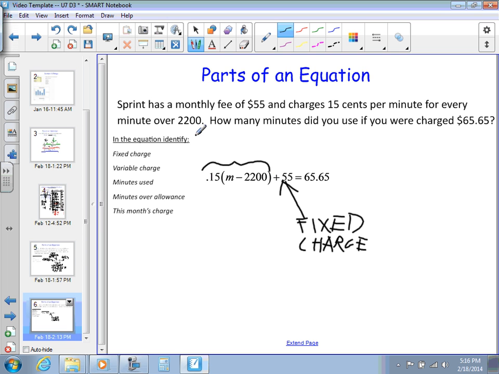So this is my variable charge. Okay. How about the minutes used? Okay. Well, my minutes used are, of course, right here.